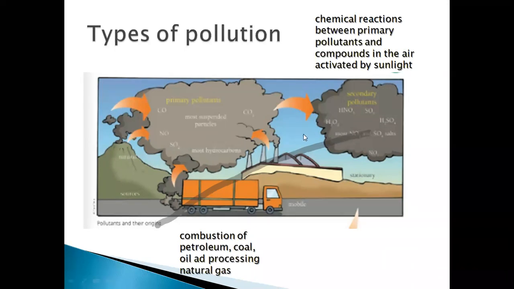The secondary pollutants are a consequence of a chemical reaction between the primary pollutants and some elements or chemicals that are in the air, and at the end, they are activated by sunlight.